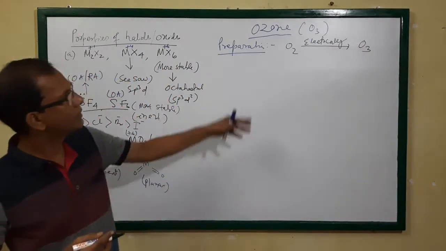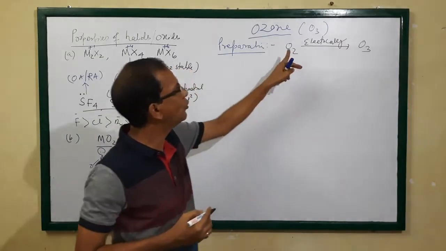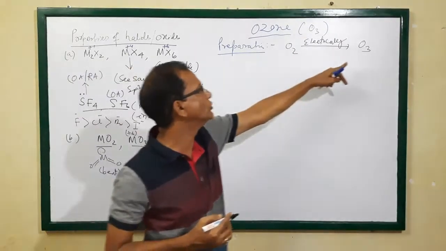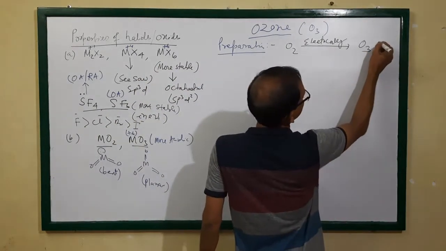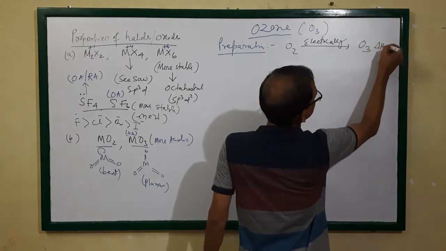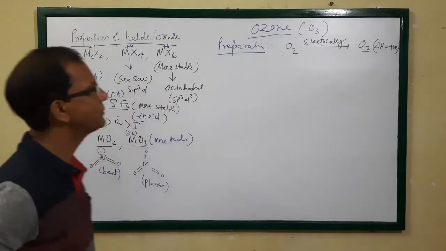Due to this, oxygen gas gets dissociated into O, then O again combines with O2 to produce O3. And this case is endothermic, delta H is positive.